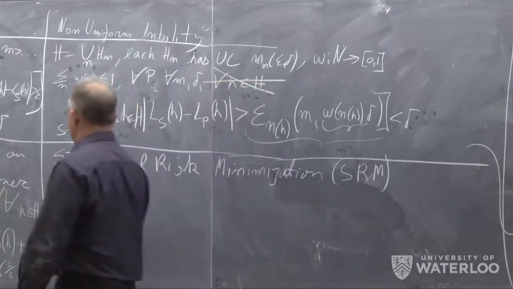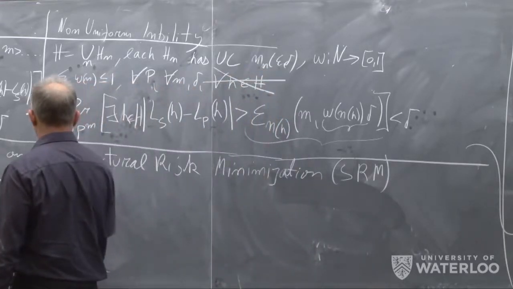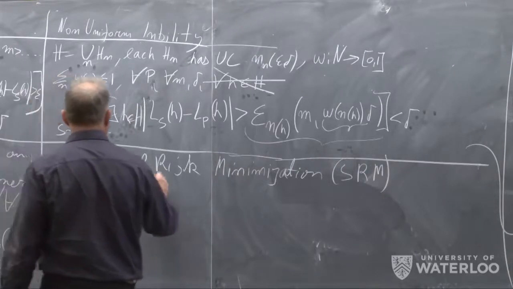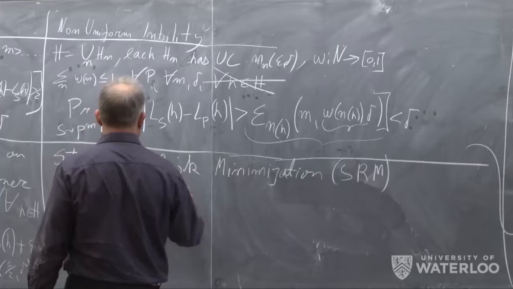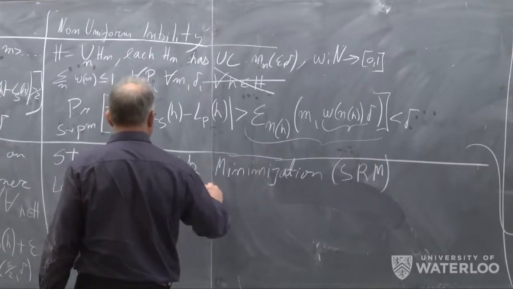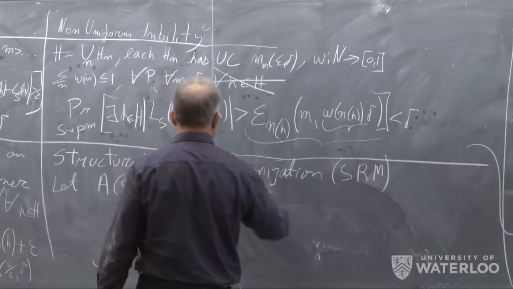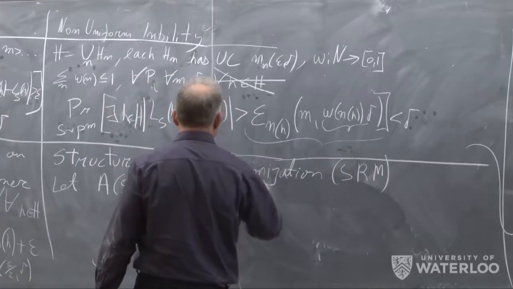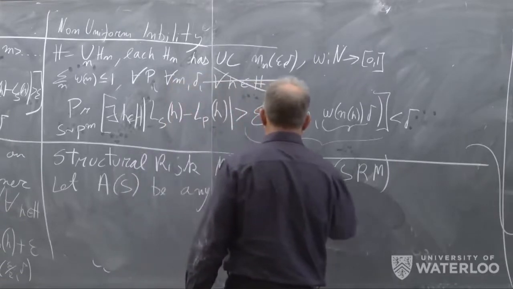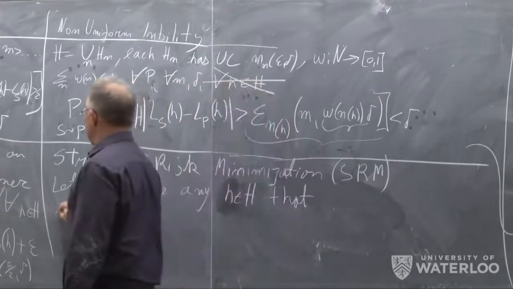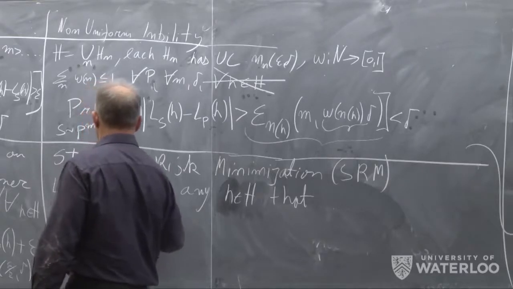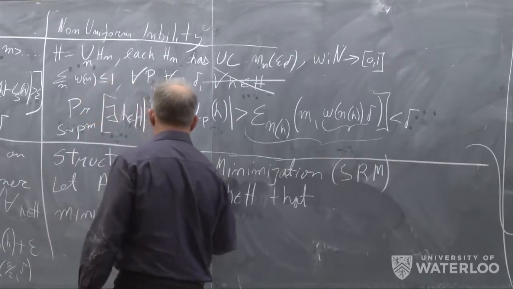So let A of S be any minimizer, any h in H that minimizes this bound.